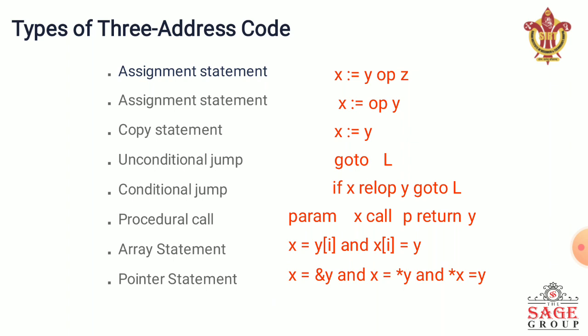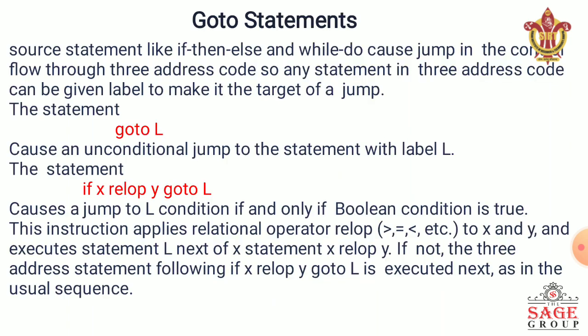In the last lecture, we studied how to convert an assignment statement into the form of three address code. Now in this lecture, we try to implement conditional or unconditional jump or go-to statements with the help of some predefined language rules. So firstly, what do we mean by go-to statement: source statements like if-then-else and while-do cause jumps in the control flow through three address code.